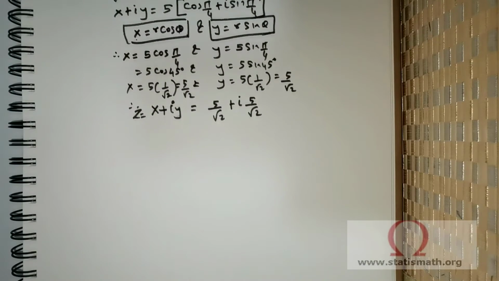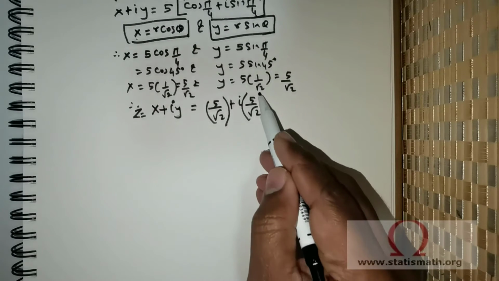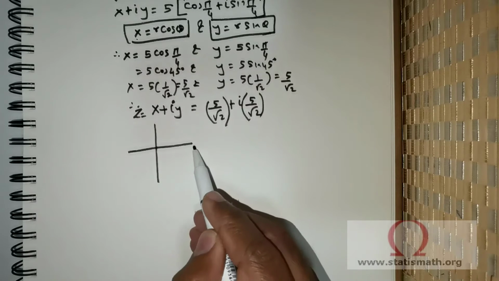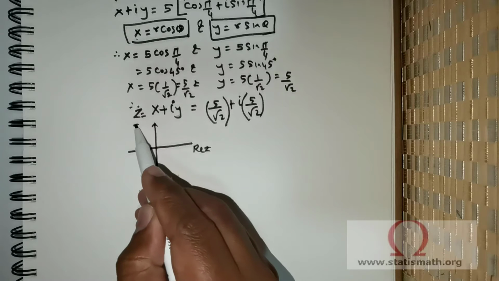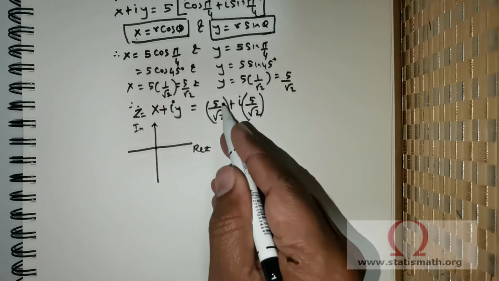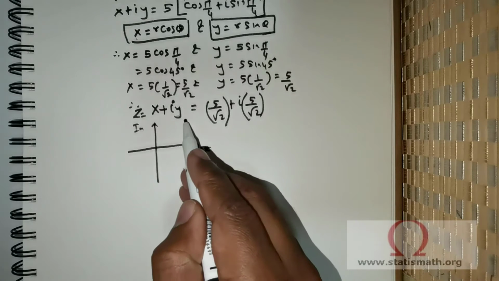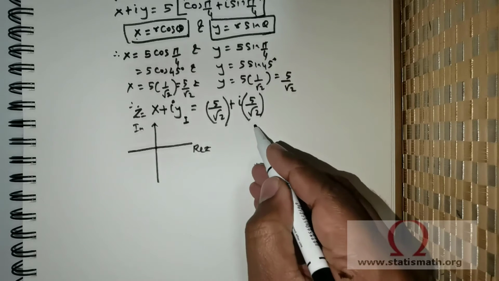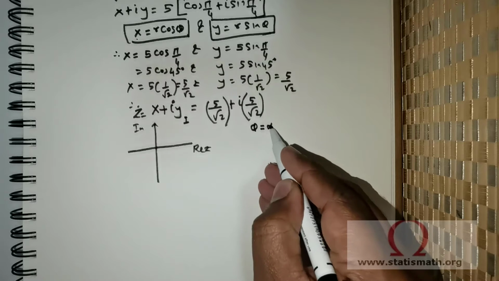If you see here, both these values of x and y are positive. So if you were to draw the Argand diagram, the real axis and the imaginary axis, the values for x and y are positive, so that means they are going to be in the very first quadrant, and in this quadrant my theta is going to be my alpha.